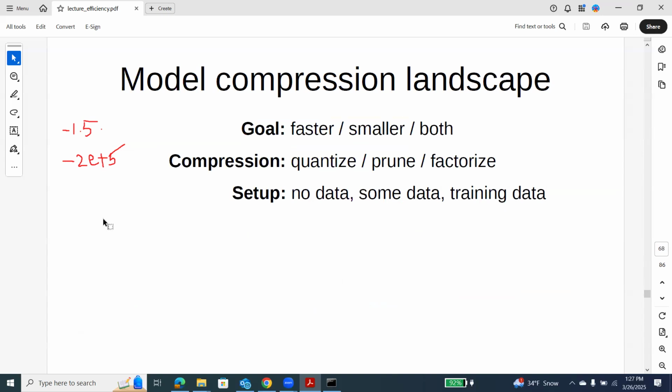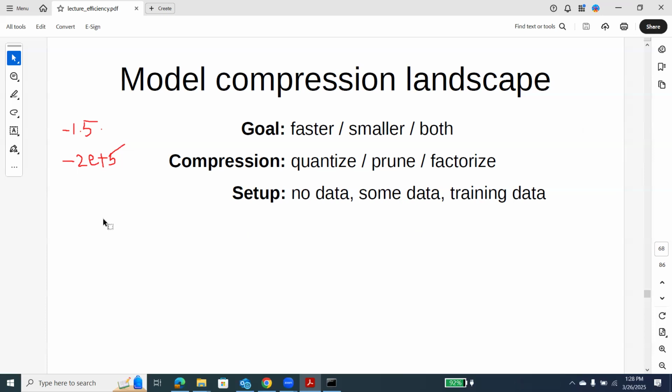this is our goal: to make models faster, to make models smaller, and the approaches that we talked about are quantization, pruning, and maybe factorization if we use matrix decomposition. And there are three situations: when we have data and when we don't have data.